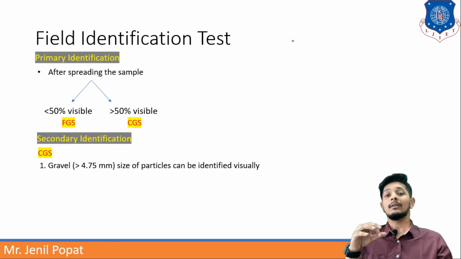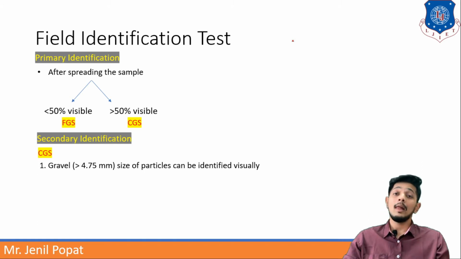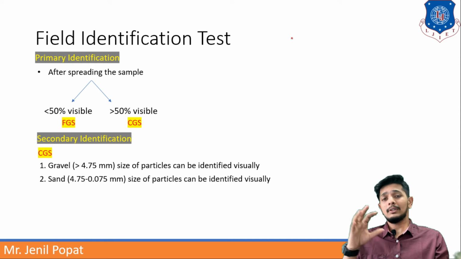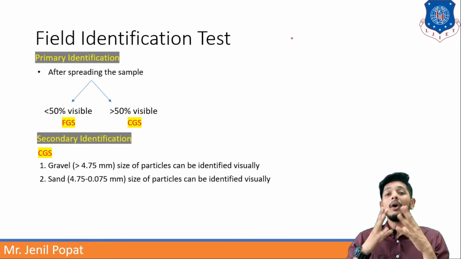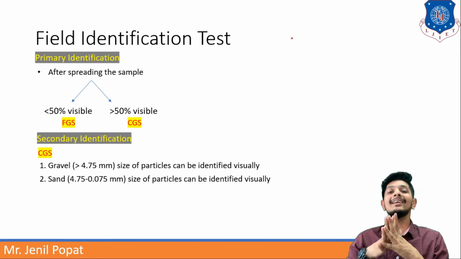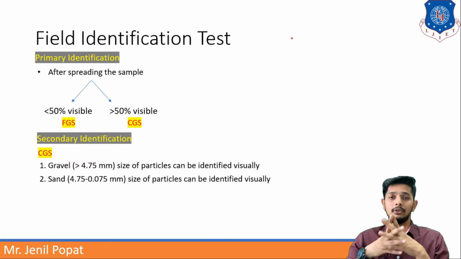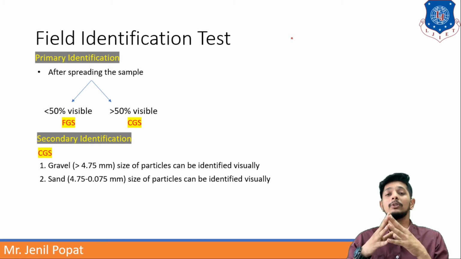If it is greater than 4.75 mm diameter, then it will be a gravel. Now, if more than 50% of the CGS is greater than 4.75 mm diameter, then it will clearly be a gravel soil. Now, if it is in the range of 4.75 to 0.075 mm, then it will be a sand.